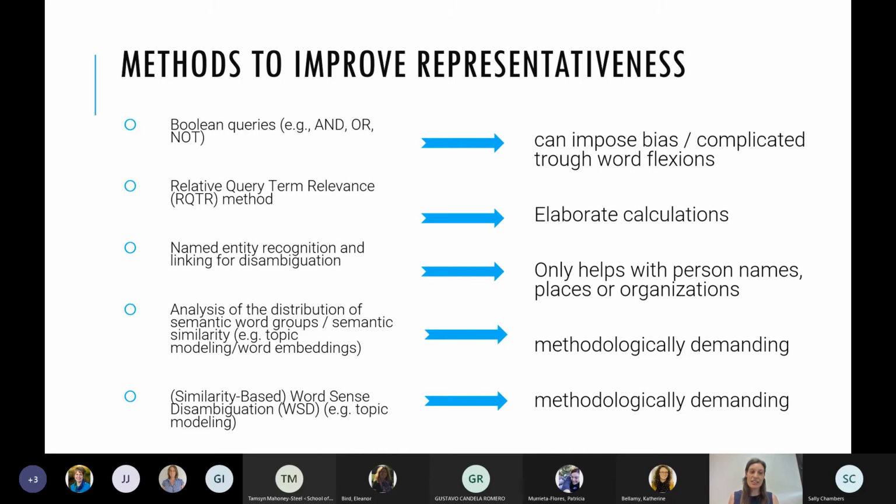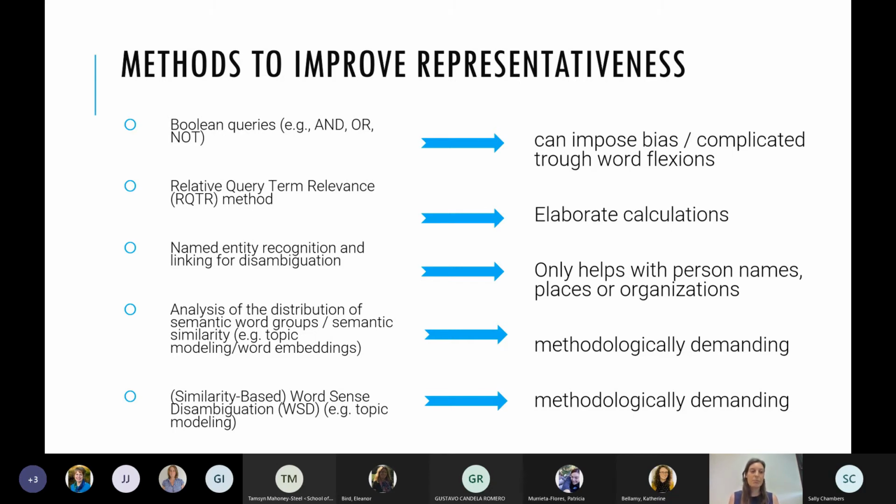And then there are the natural language processing methods that can be used to improve representativeness and support the keyword search. One is, for example, topic modeling or word embedding, which try to analyze the distribution of semantic word groups or semantic similarity, which can be very helpful.